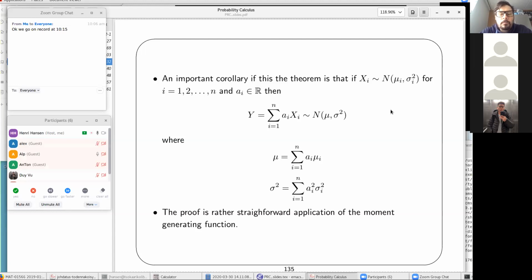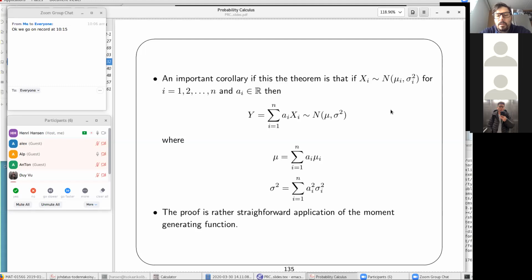So if you add together normally distributed variables with known expected values and variances, then the resulting variable is still normally distributed, with an expected value which is the linear combination of the expected values, and the variance is the quadratic linear combination of the variances.